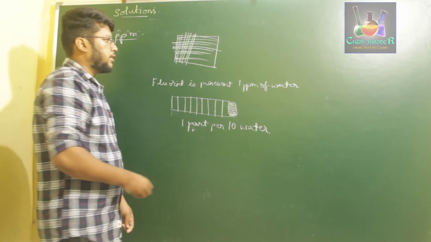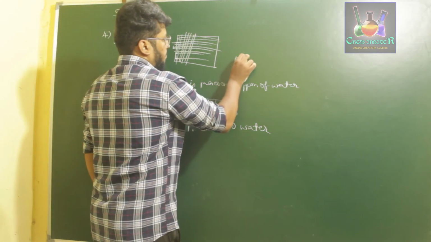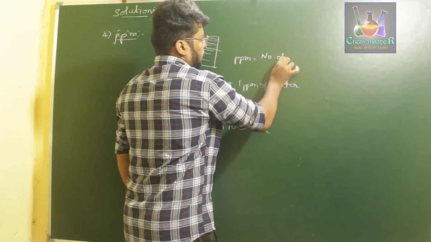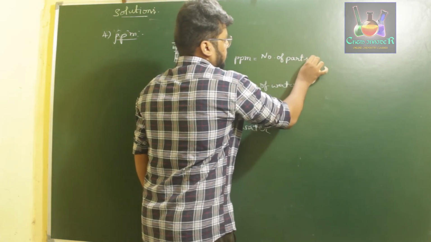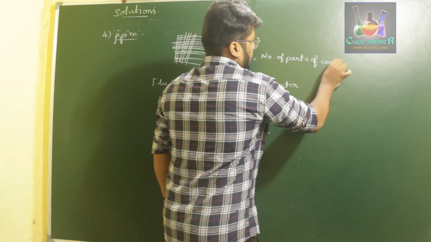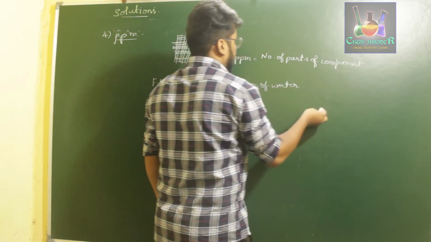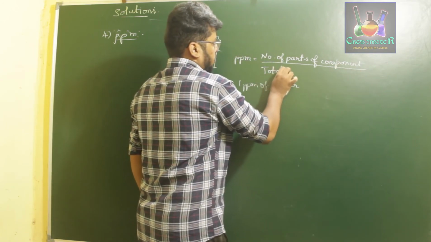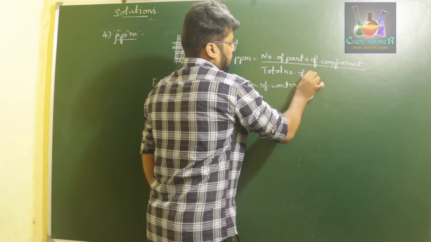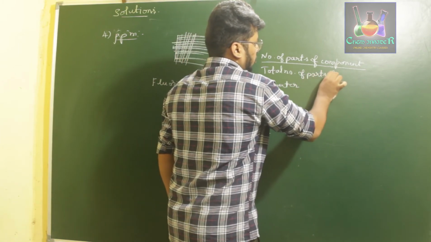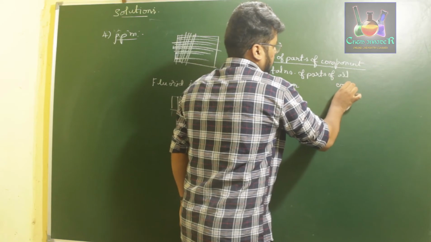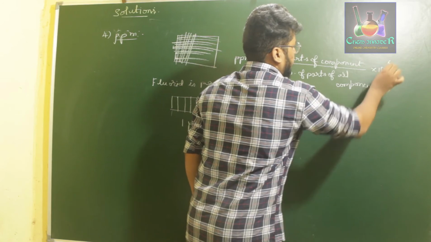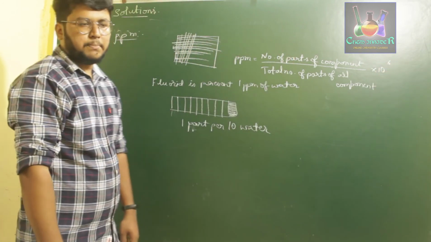So how to calculate parts per million: ppm, parts per million, is equal to number of parts of component divided by total number of parts of all component into 10 power 6. So this 10 power 6 is million. Okay, 10 power 6 means million.